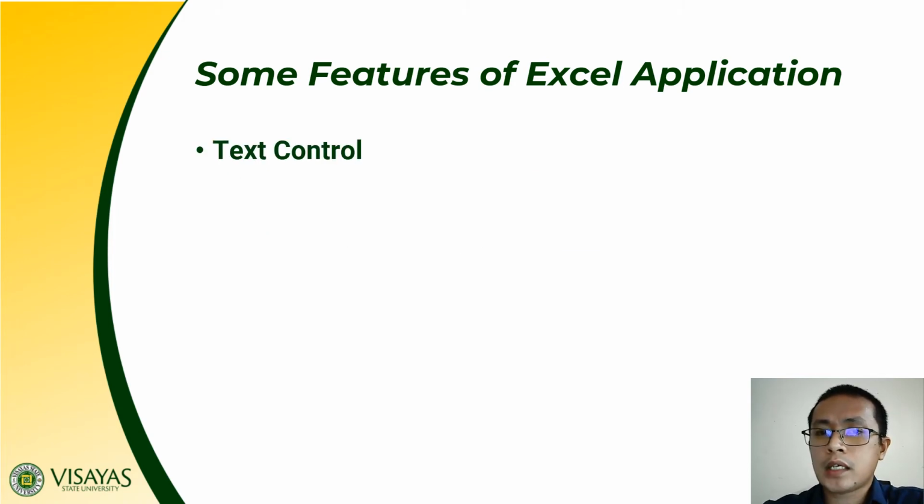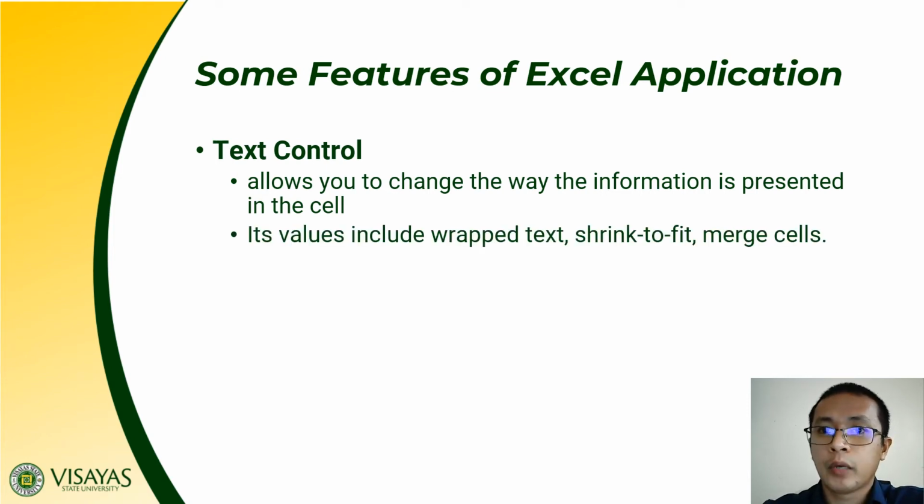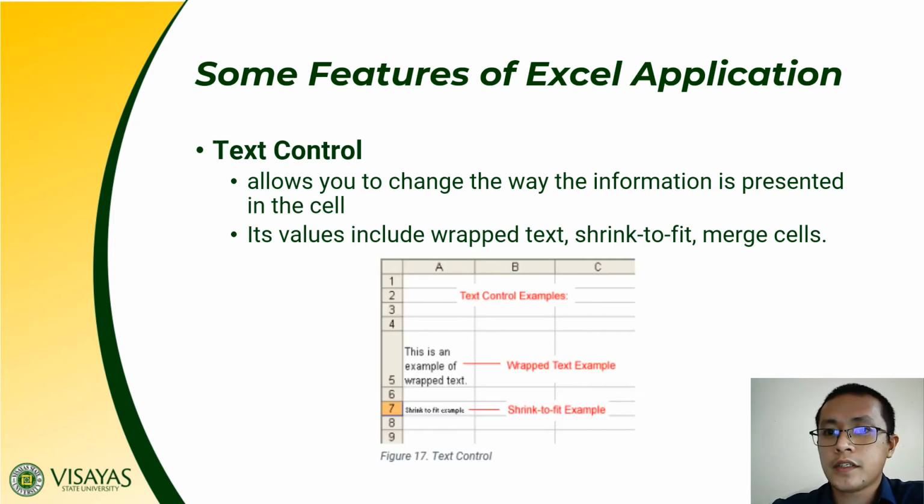Excel also allows us to have text control, wherein it allows us to change the way in which information is presented in the cell, where the text control includes wrap text, shrink to fit, and merge cells. This is how wrap text, shrink to fit, and merge cells appear. When we say wrap text, it means it allows a cell to increase its height to accommodate its content.